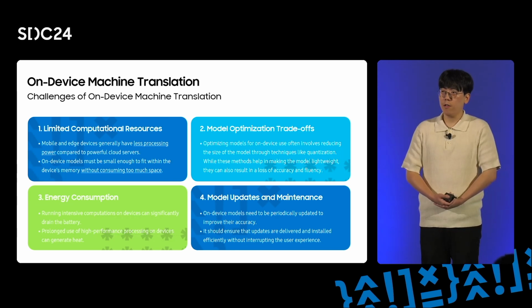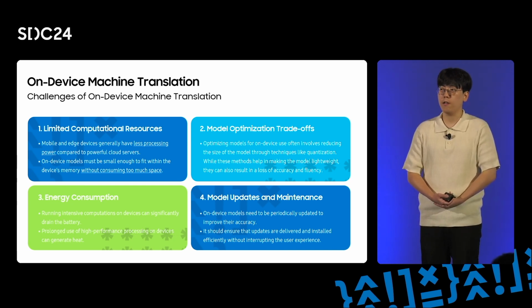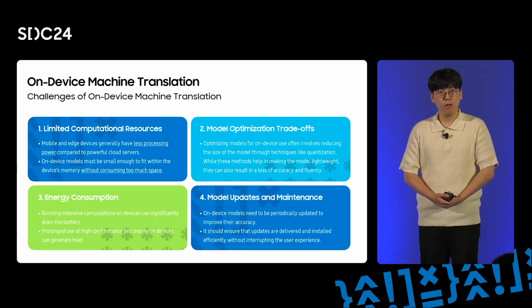Additionally, memory constraints are an issue. On-device models need to be small enough to fit within the device's limited memory, and this often requires heavy optimization, which can compromise translation quality. The second is model optimization trade-offs.